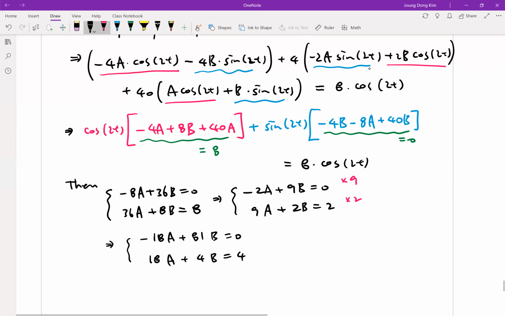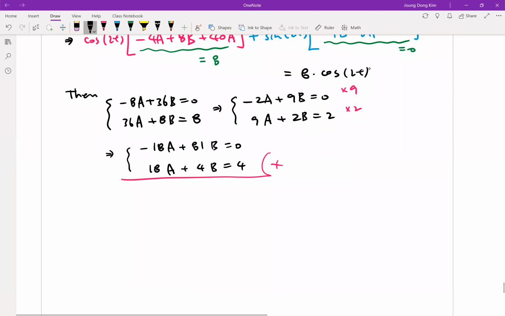Then we add up, and your a term will be gone. Then this will be 85b is equal to 4, so my b is 4 over 85. By plugging this b value back in anywhere, we can easily find a as well. A is equal to 18 over 85.